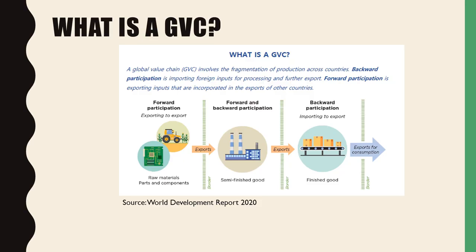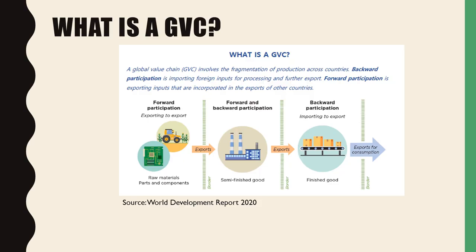Then this country simply acts as an assembly center, importing all the components and exporting the final goods. In this example, the country doesn't really have the technology to produce a smartphone. It only acts as an assembly center to put everything in one device and then export. So that will be backward participation.